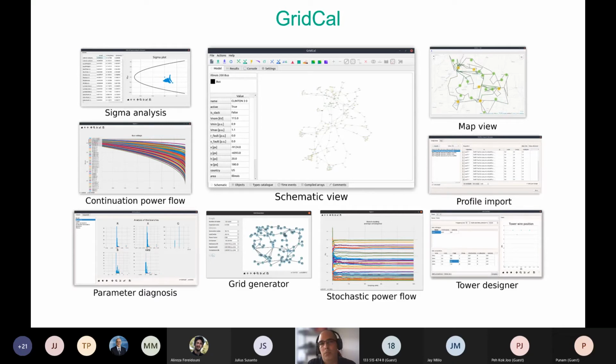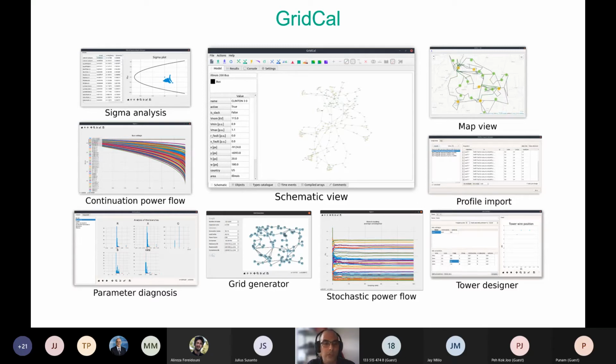This is a couple of screenshots of the program, and over the years I've been adding things like the sigma analysis, which is something quite new that I will show later. Continuation power flow, then parameter diagnosis, which is super useful because you get a grid and you don't know who made it or which errors it might have. So there are a lot of expert rules there to check the inputs.